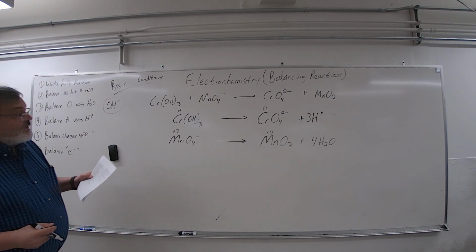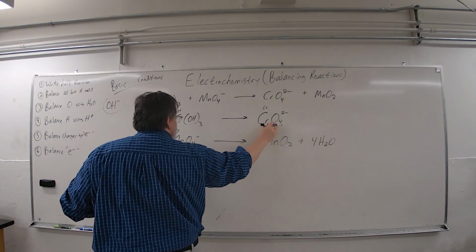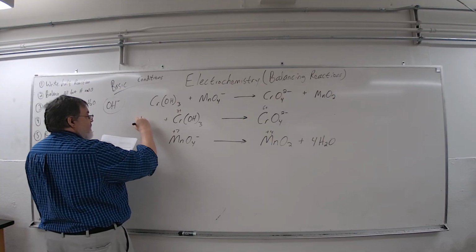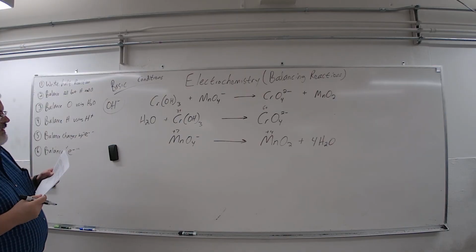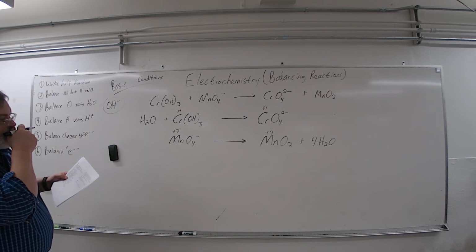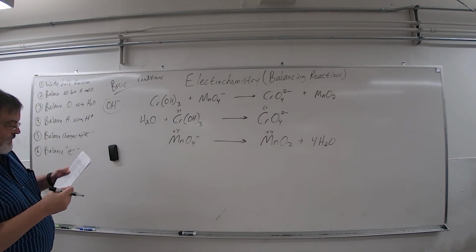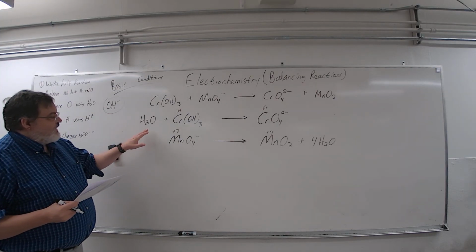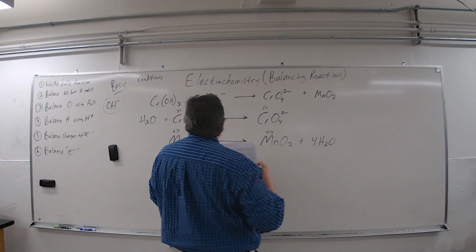And then this one. And this one. We need 4 oxygens here. We only have 3. That's right. And then the H's. Okay, the H's. I've got 2 H's there and 3 H's there, so I need to.